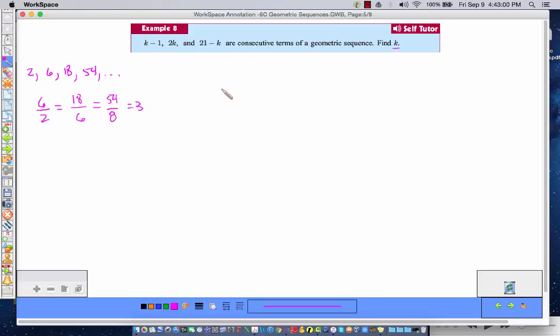Okay, so it's no different than if I had a geometric sequence, k minus 1, then the next term is 2k, then the next term is 21 minus k, and then it keeps going. I mean, these could be anywhere, right? They could be part of this sequence, we just don't know.